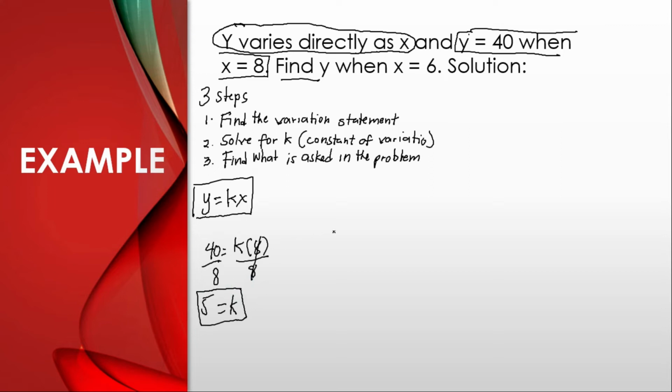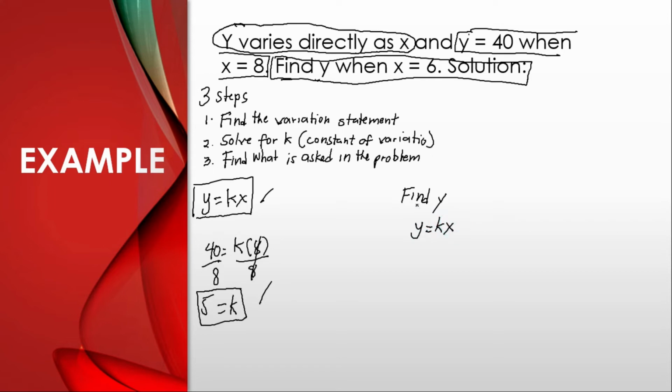Okay, ngayon, find what is asked naman. Ang hinahanap natin for our new variation dito, find y when x is equal to 6. Meron na tayong equation, meron na tayong constant of variation, at kailangan na nating kunin yung y na hinahanap sa problem. So, substitute lang natin yan. From our equation, y is equal to kx.